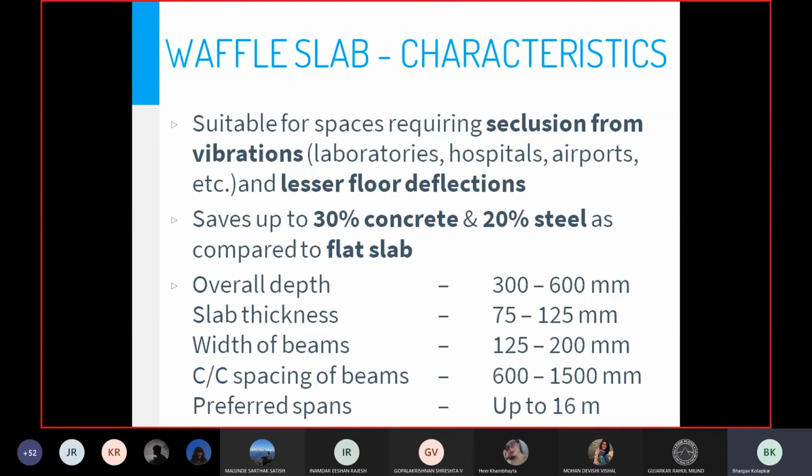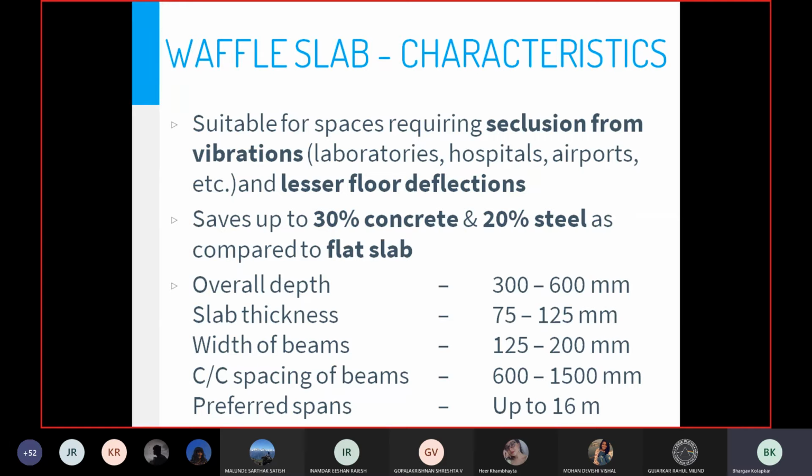So these slabs are particularly suitable for spaces which require seclusion from vibrations, like labs, hospitals, airports, and so on, and which are very sensitive to floor deflections as well. So two criteria: one is vibrations, another is deflections. Whenever these criteria are important, your go-to guy is waffle slab.